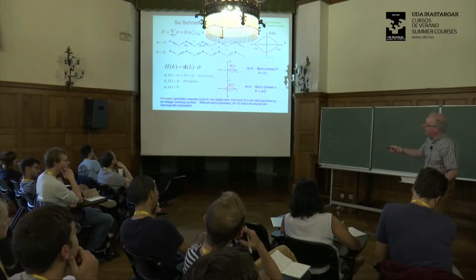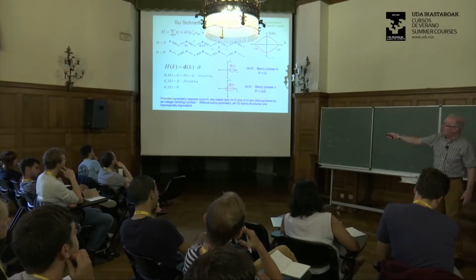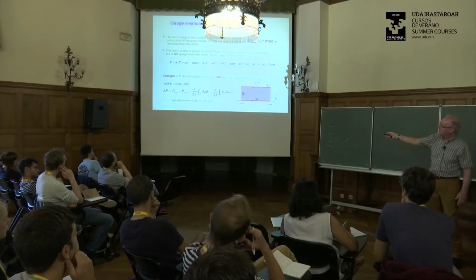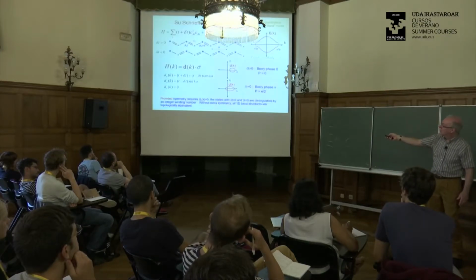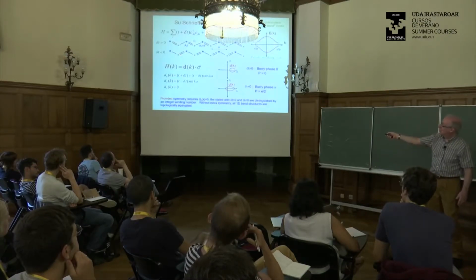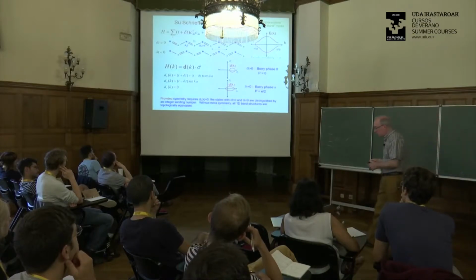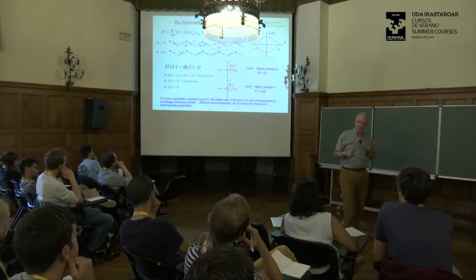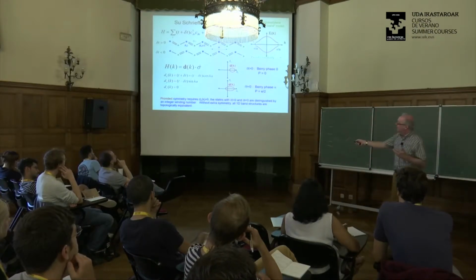But it's an interesting insulator because you can do it in two ways. You can have the dimerization pattern be strong, weak, strong, weak, or you can have the dimerization pattern be weak, strong, weak, strong.